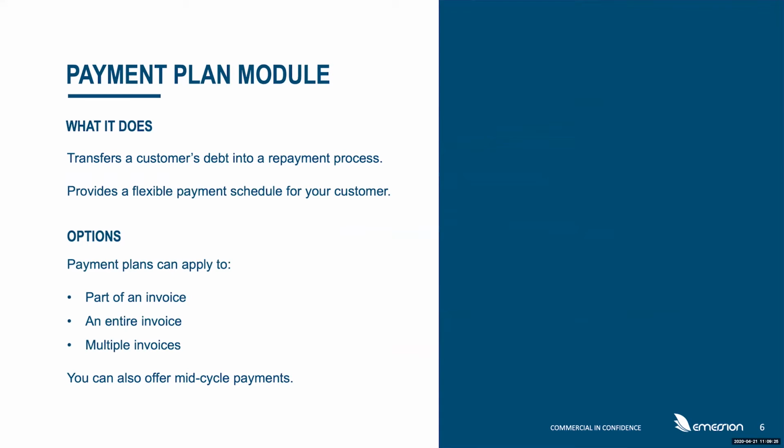You can have payments being taken on a weekly basis, a monthly basis, every 16 days if you'd like to. And it can be applied to all of an invoice, part of an invoice, or of course multiple invoices can be grouped into a single payment plan. It also allows you to offer mid-cycle payments in that you can set the frequency of those payments to be anything as described earlier.